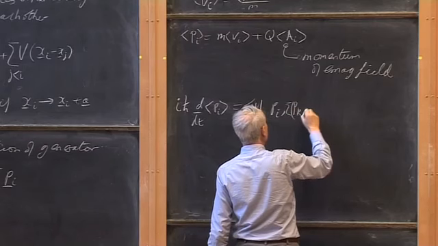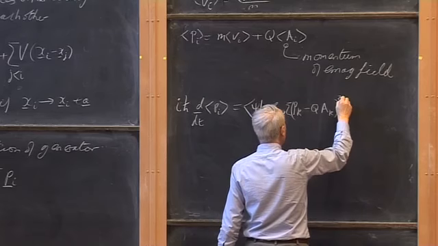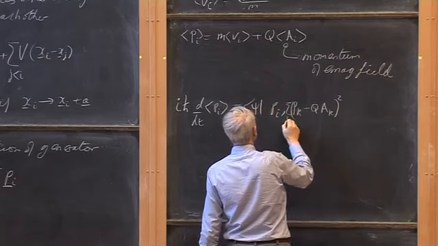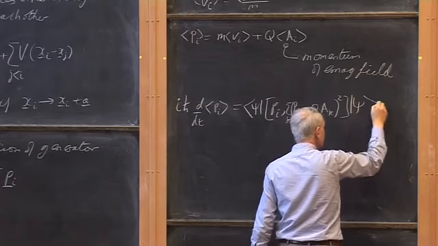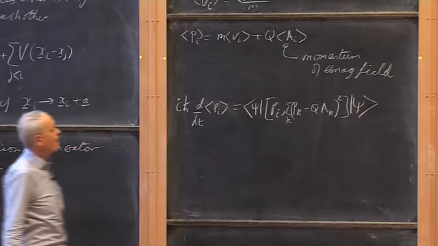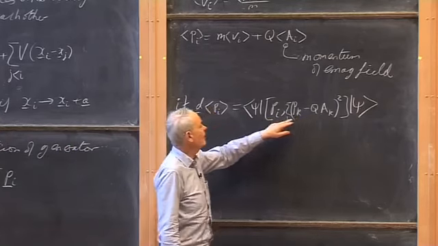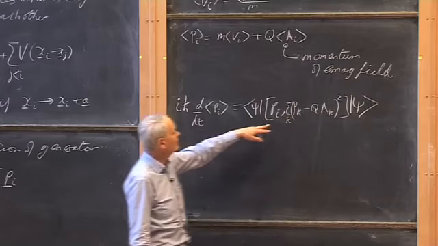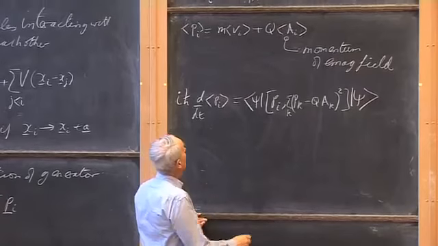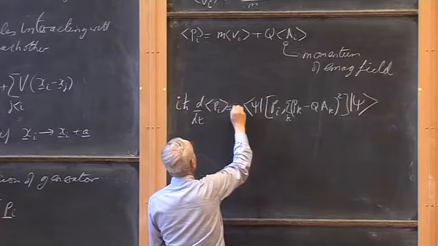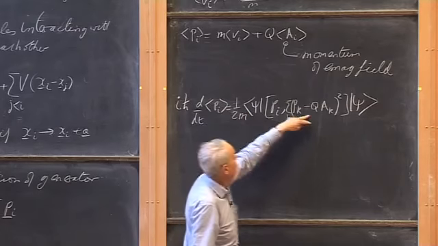I'm going to write it out now. So this is the commutator of the momentum with the Hamiltonian, where I've now written out the Hamiltonian in reasonably gory detail. I'm missing a 1 over 2m, am I not? 1 over 2m times this is the Hamiltonian.